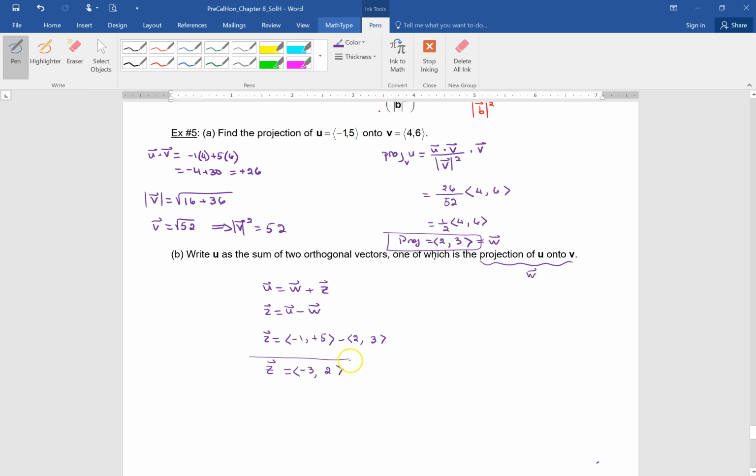Negative 3 and 2. So then you write U, negative 1, 5, is equal to 2, 3 plus negative 3, 2.